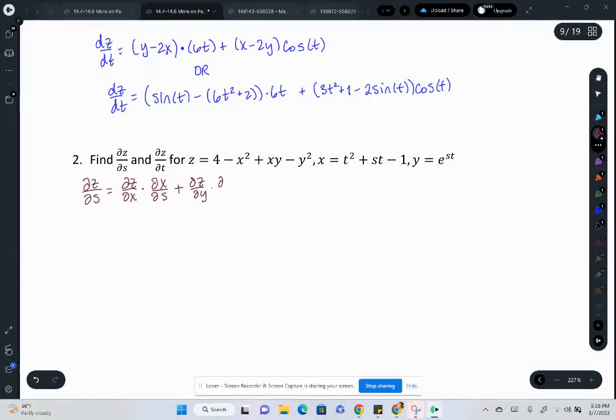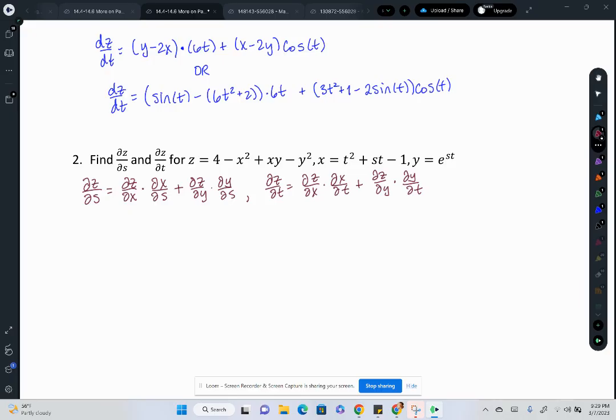From y to s, we get del y/del s. And then del z/del t is similar, where you go down the x and the y branches. Down x, we get del z/del x, and then down to t, we get del x/del t, plus, now down the y branch, we have del z/del y. From y to t, we have del y/del t.